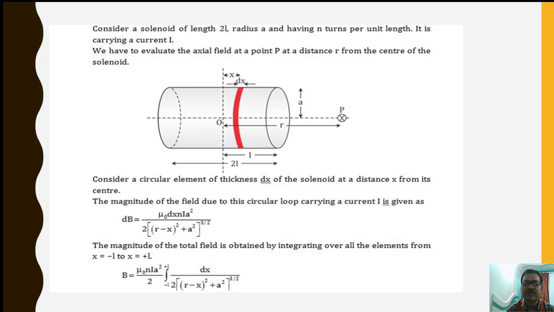This is the expression for the magnetic field on the axis of a circular current carrying loop.